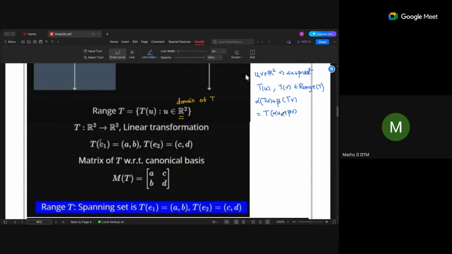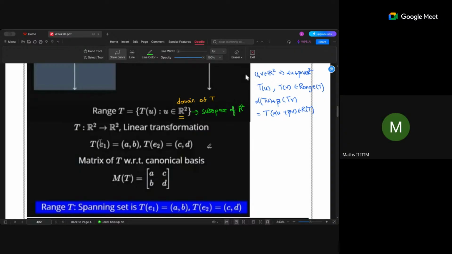Then T of alpha U plus beta V belongs to the range of T. So this says that the range of T is a subspace of R2.